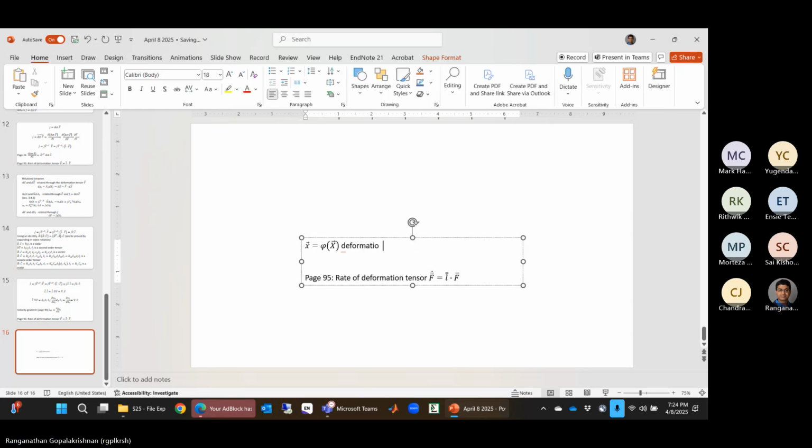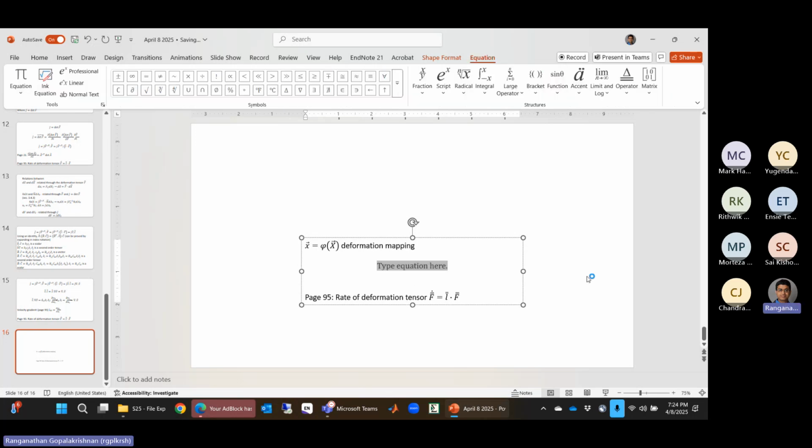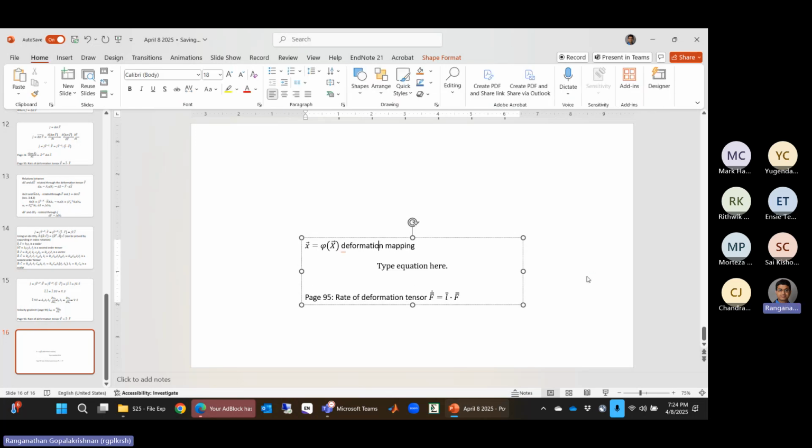When you include a time dependence, it becomes x equals phi of X comma t, and this is the motion.